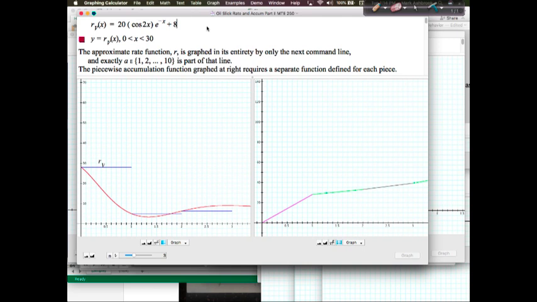Then you're also going to include command lines to graph the corresponding accumulation function. I'll post this video, and both descriptions will be at the end of the video. You need to have as much progress as possible by Thursday on the first one.